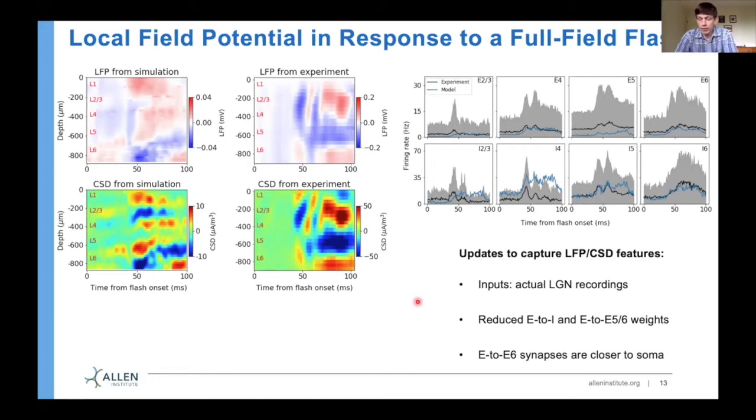And this all shown here is in response to a full field flash stimulus. So what we find is that the model that we published actually didn't do such a good job reproducing this type of metrics. It wasn't horrible, but we found ways to improve it. And so this is sort of the agreement that we have now.